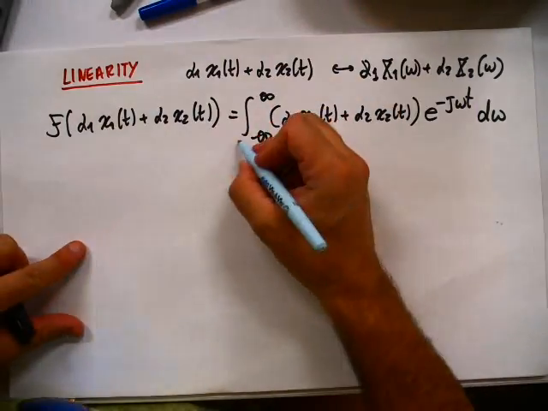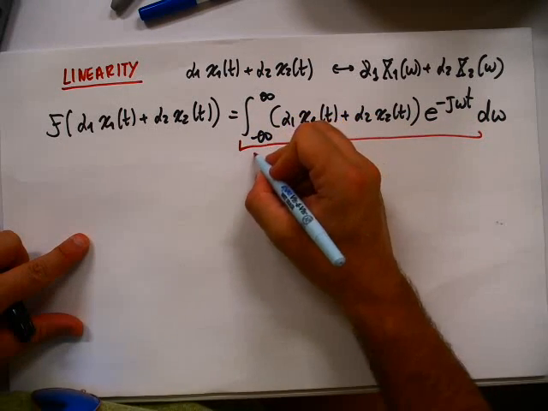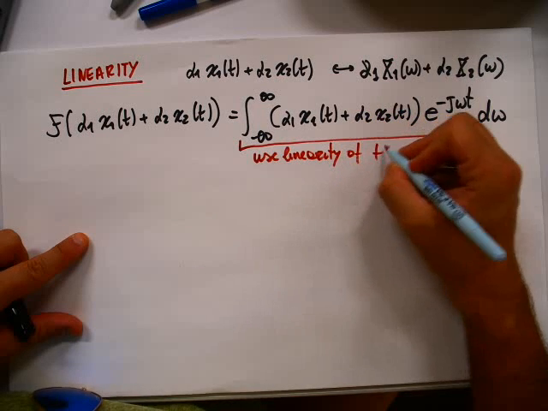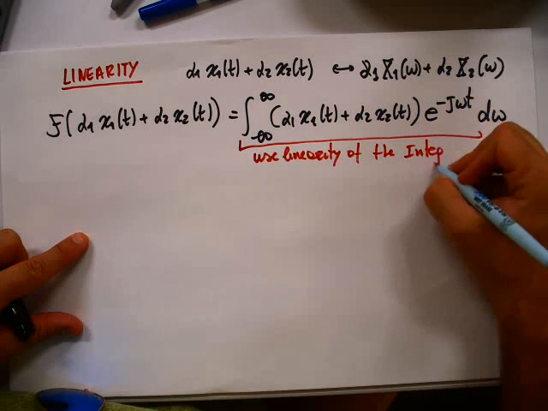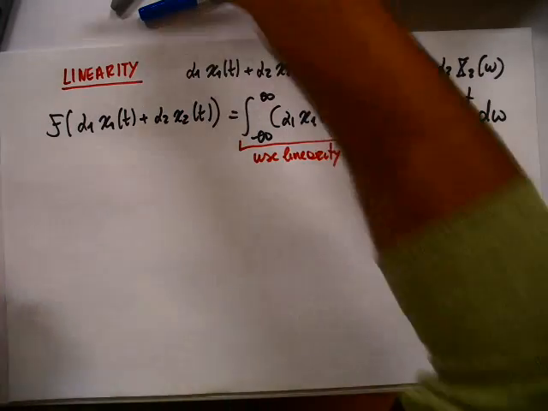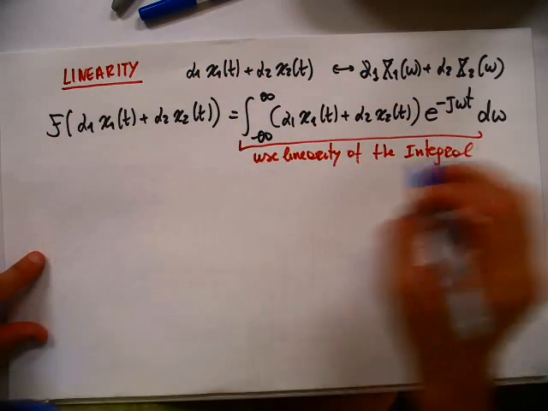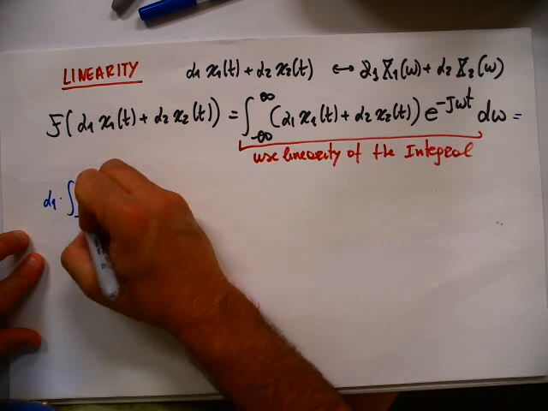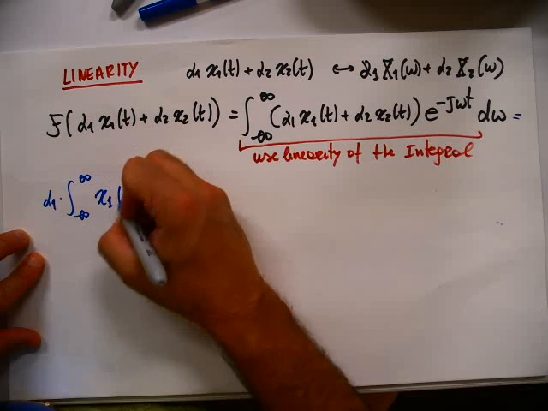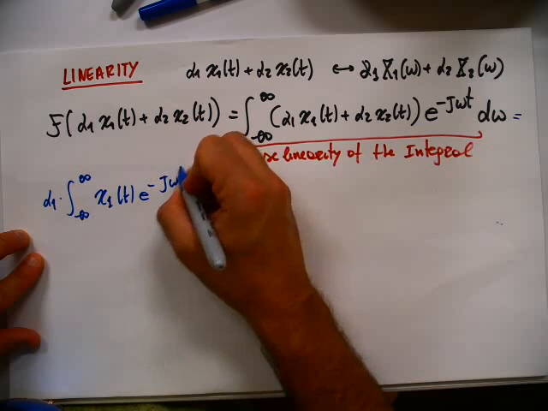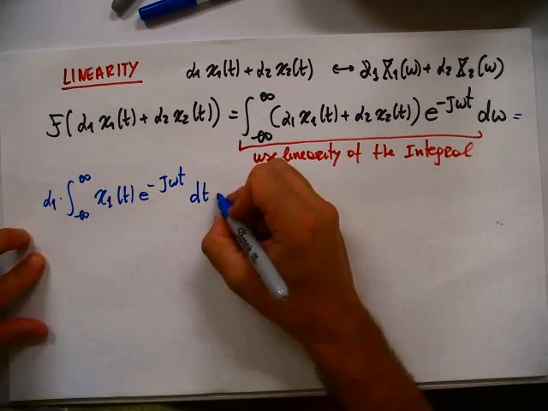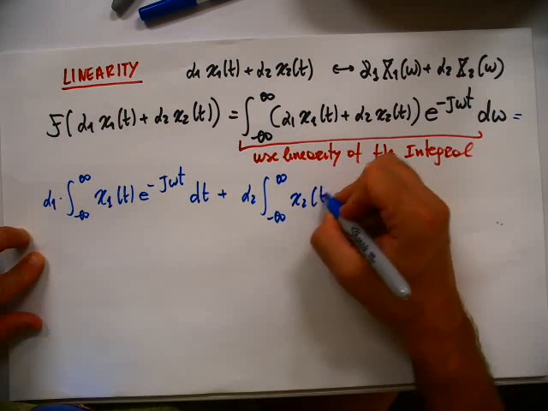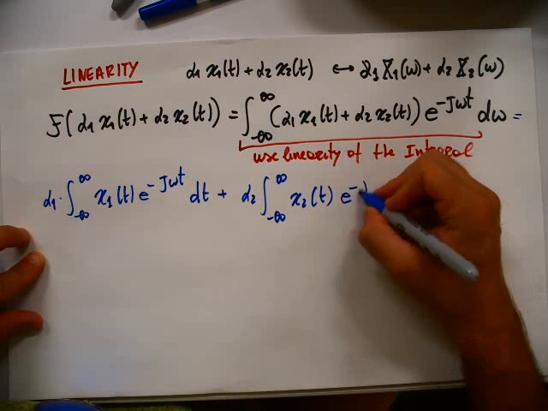But now I can use linearity of the integral, and I can write this as alpha 1 times the integral from minus infinity to infinity of x1 of t e to the minus j omega t dt, plus alpha 2 times the integral from minus infinity to infinity of x2 of t e to the minus j omega t dt.